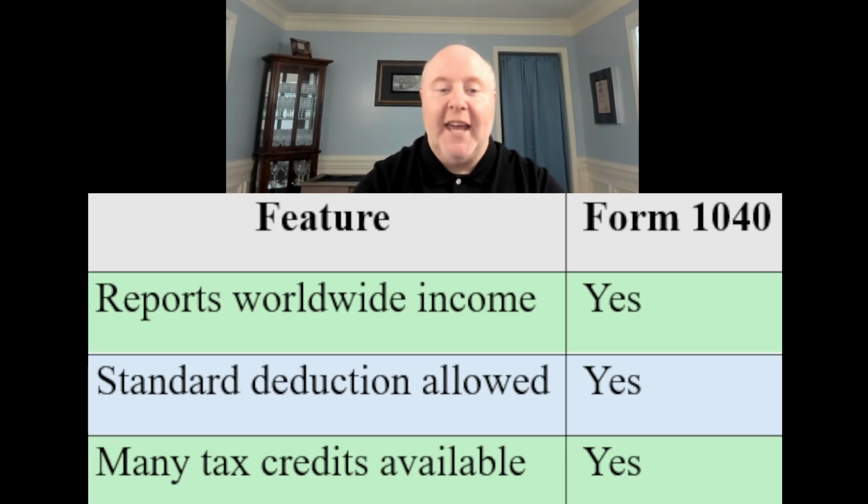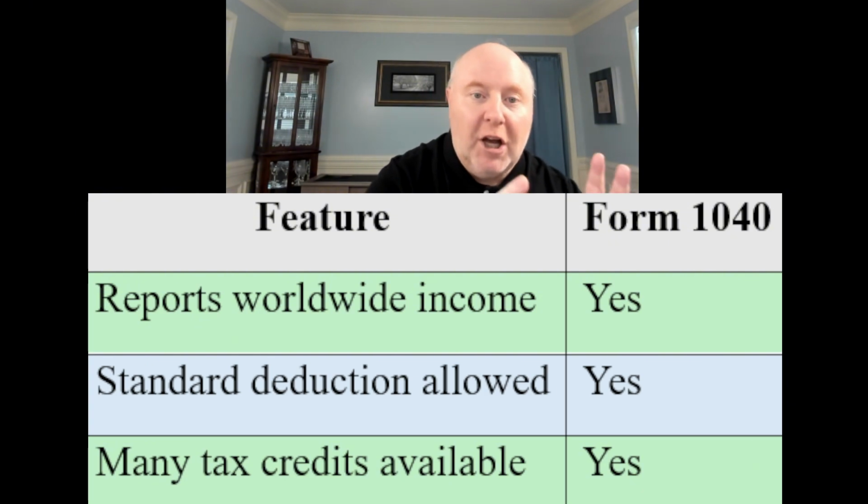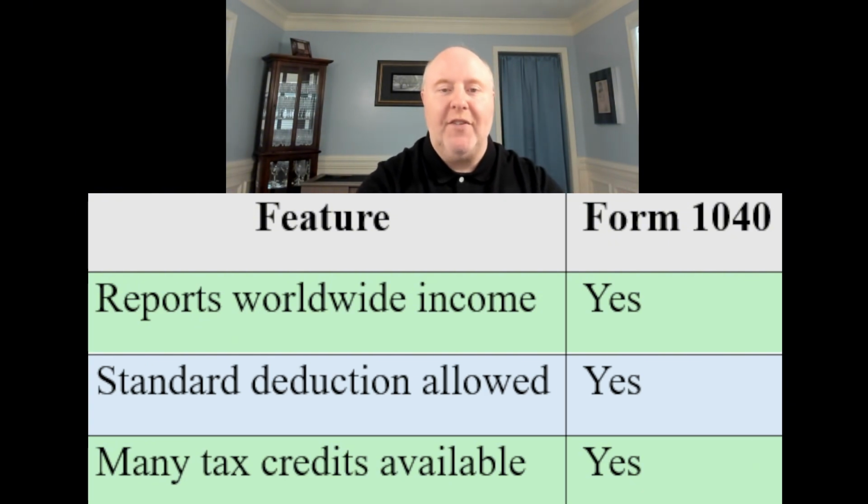Now, when you're looking at it in terms of a credit, what happens is we've now calculated your taxes, and a credit reduces your taxes dollar for dollar. So if you owed $1,000 in taxes, but you have $700 in tax credits, now you only owe $300 in taxes. Now, these are features that do not apply on the 1040 NR.